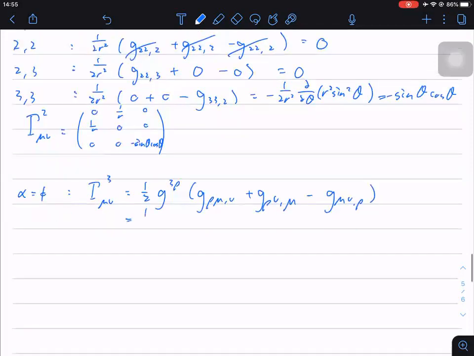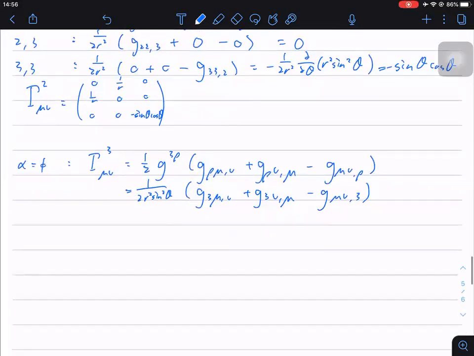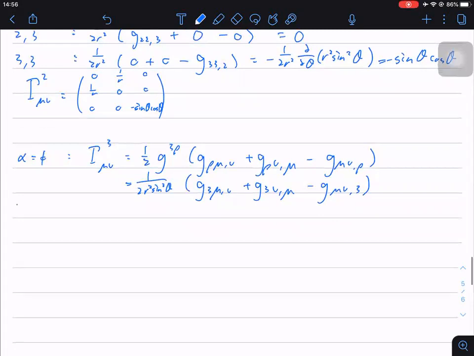Again, for the off-diagonal terms, they're all 0, and for G33 it is r squared sine squared theta in the denominator. So we have this. Okay, let's do this together.